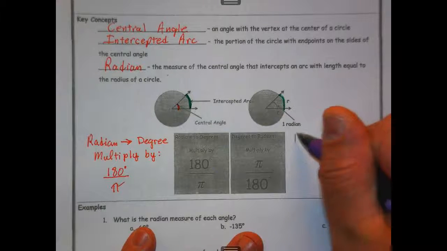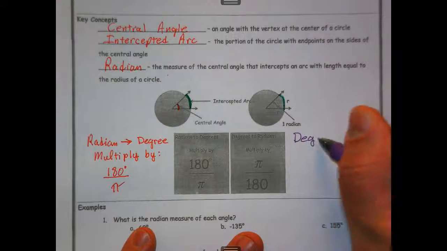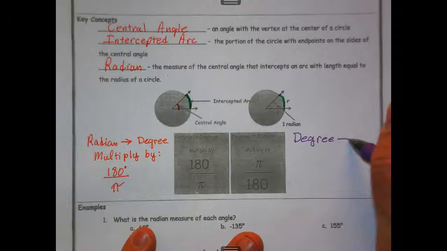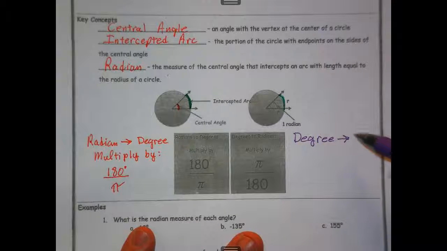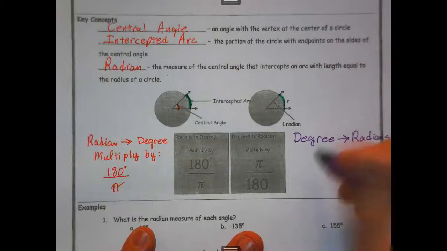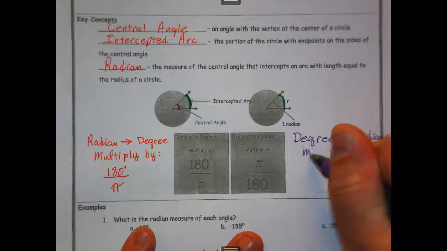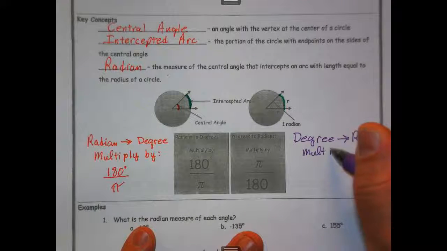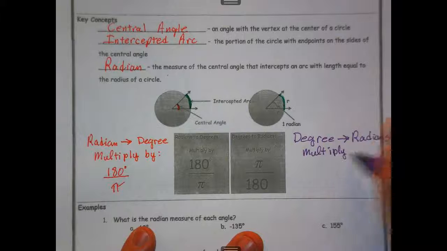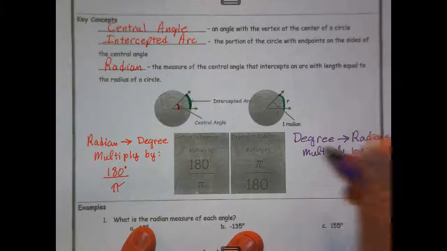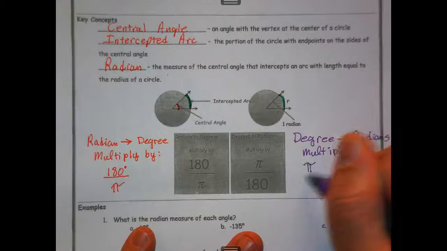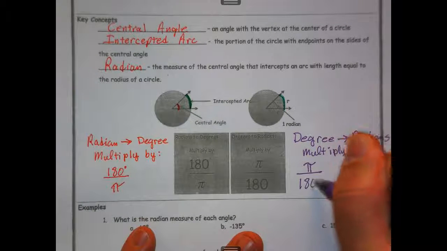If you're going from degrees to radians, you're going to multiply by pi divided by 180 degrees.